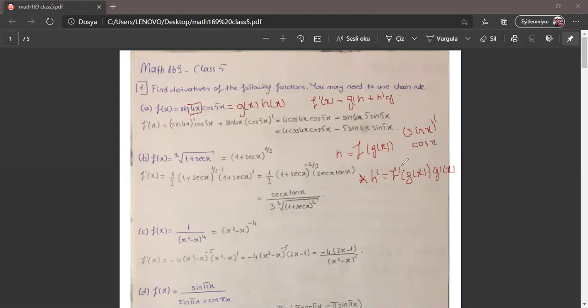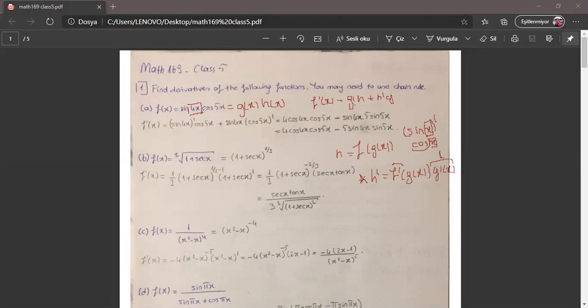This is because first we take the derivative of sinus, which is cosinus. And inside we have x, and the derivative of x is 1. That's why we don't write anything at all.